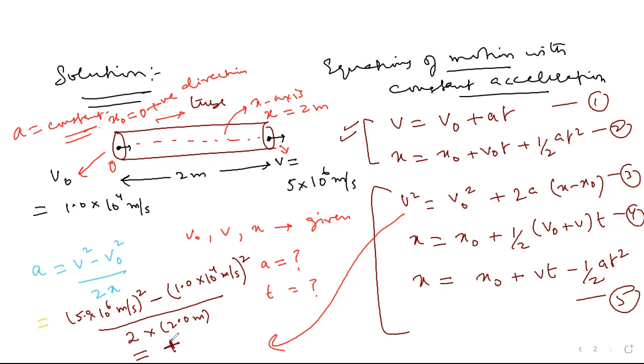It has a meaning. Plus 6.3 into 10 raised to power 12 meter per second squared. This is the answer of part A. Let me encircle it.